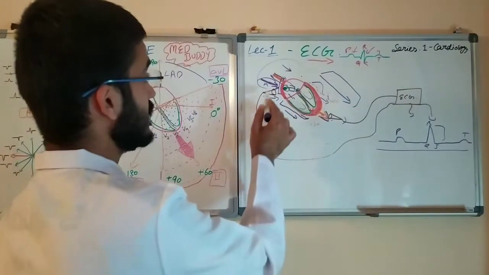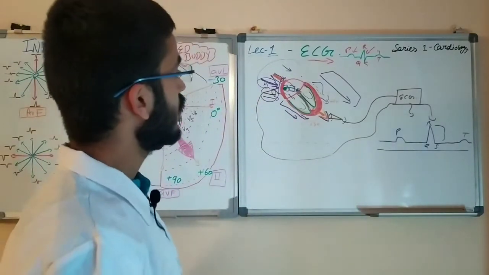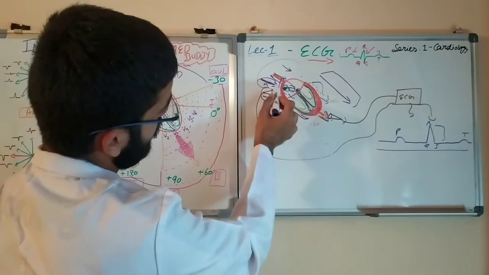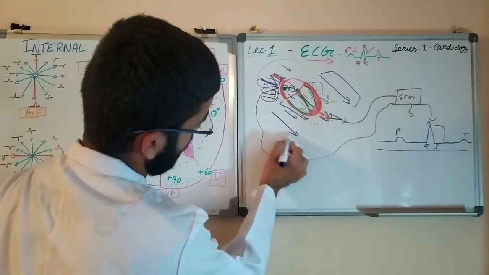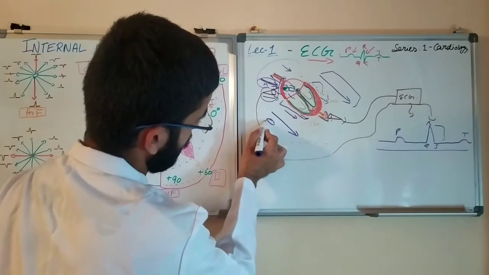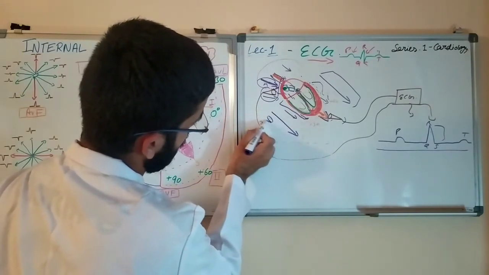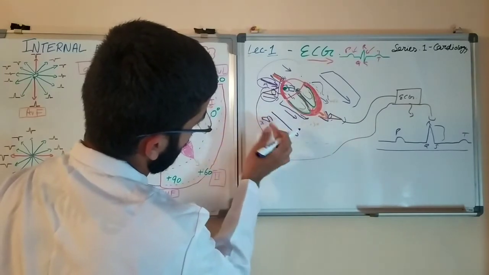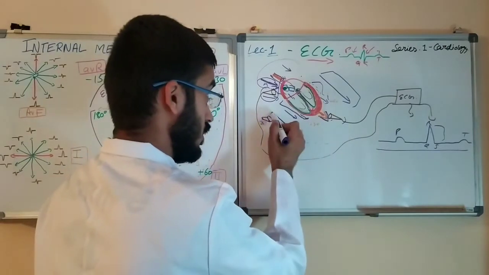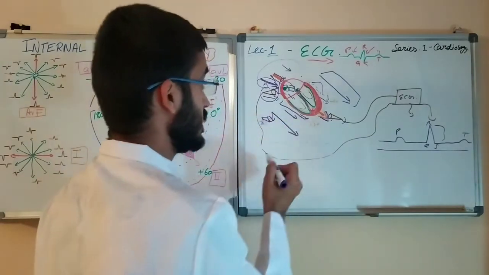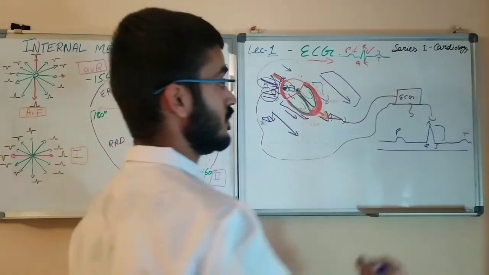Now let's see how this lead is going to present. Again, this lead, let's make a parallel vector here, and here is that lead. It is something like this. Okay. A very small component of this direction is towards the lead, while a larger component is away from the lead.